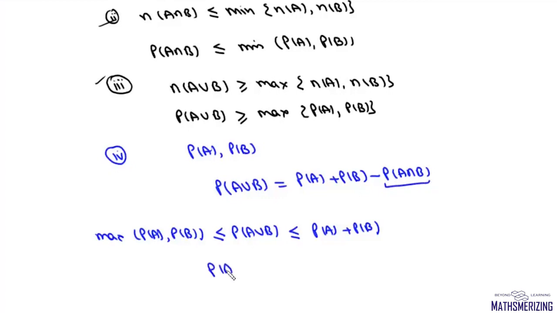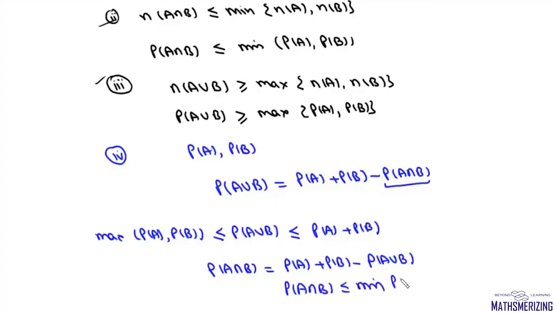So we can write P(A intersection B) as P(A) plus P(B) minus P(A union B). Now we know that probability of A intersection B will always be less than or equal to the minimum of P(A) and P(B), and we know that the maximum value of probability A union B is 1, so it will always be greater than or equal to P(A) plus P(B) minus 1.